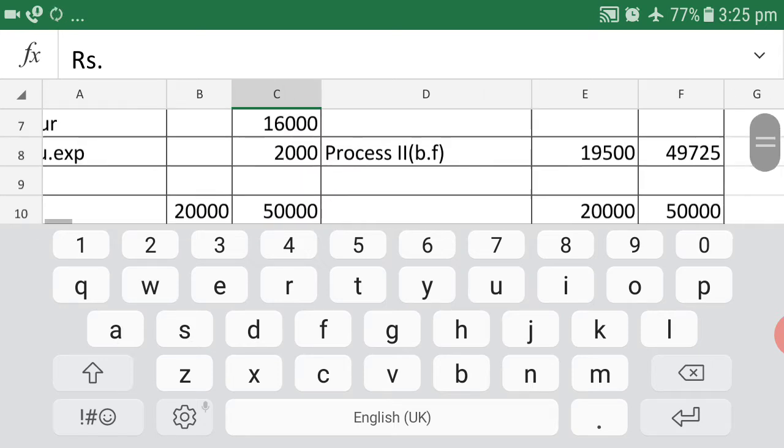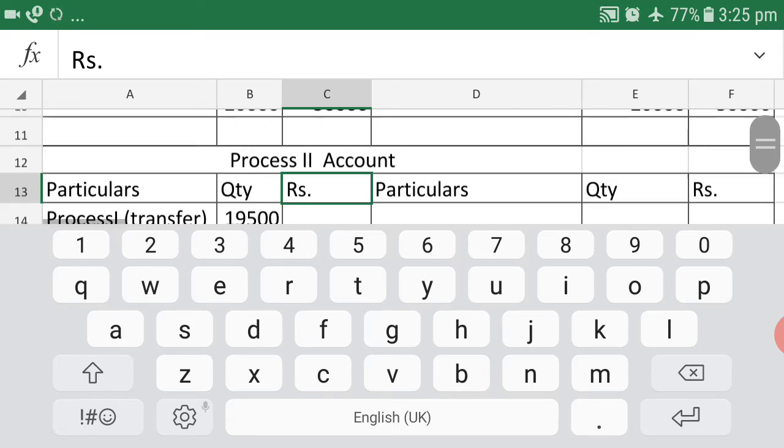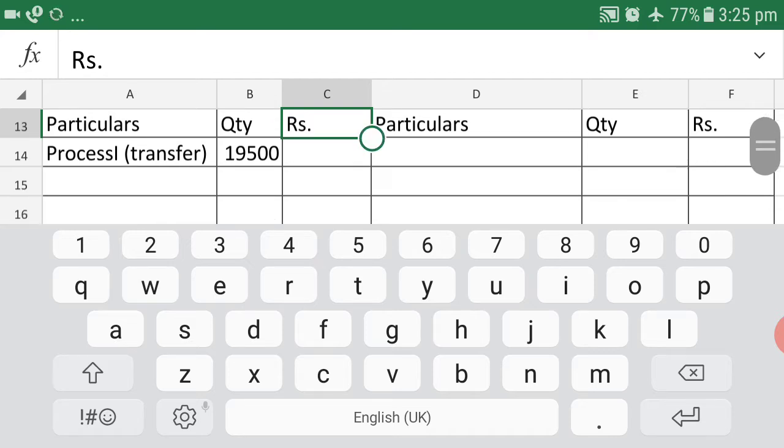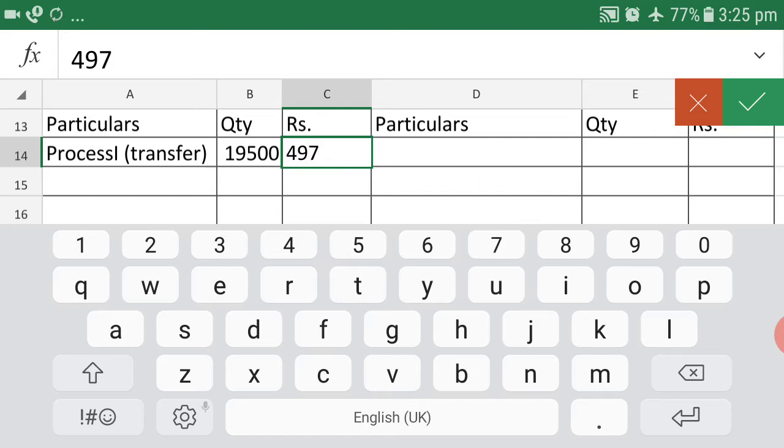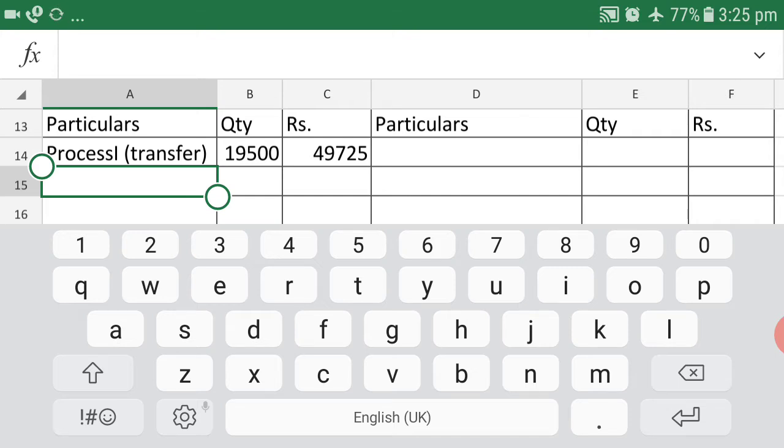Amount 49,725. Then we need to consider all other items: material, labor, manufacturing expense, normal loss, abnormal.